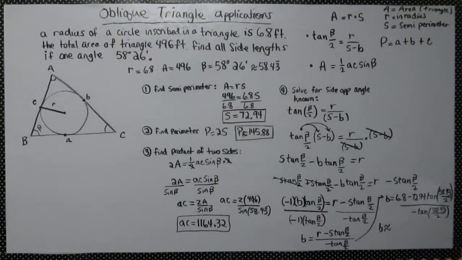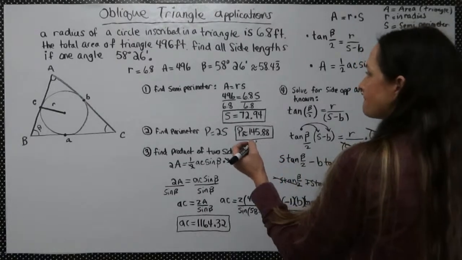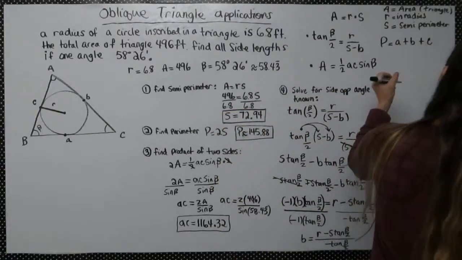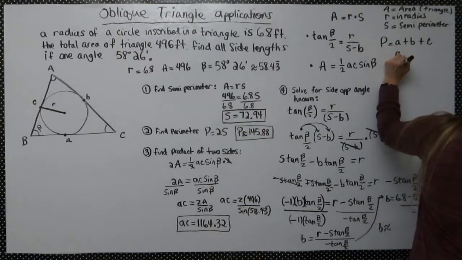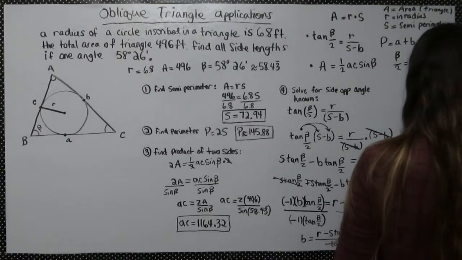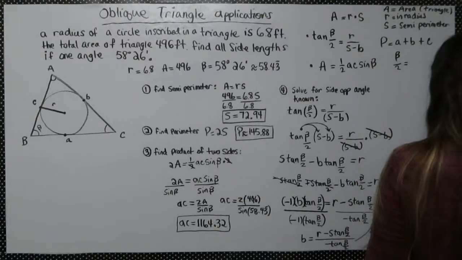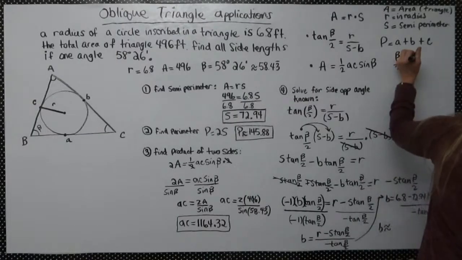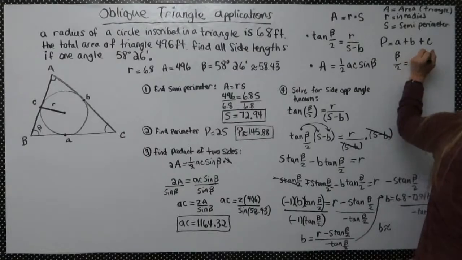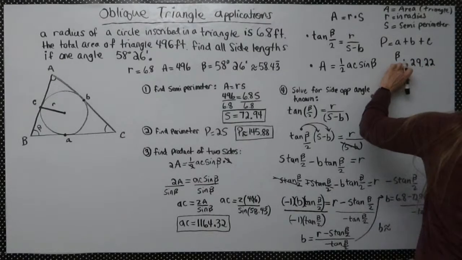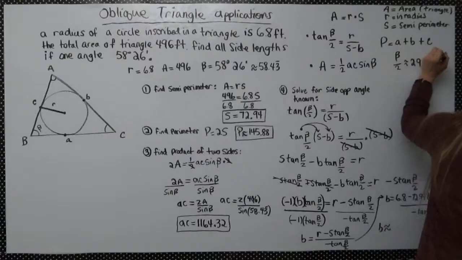Let's figure out what 58.43 divided by 2 is, and we'll put this on our list. Beta over 2 is approximately 29.222 degrees.